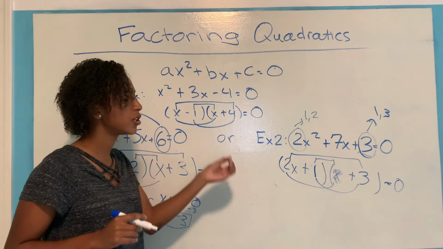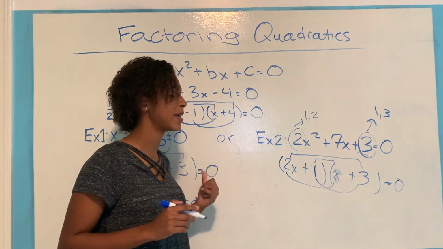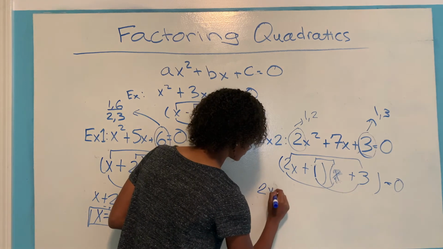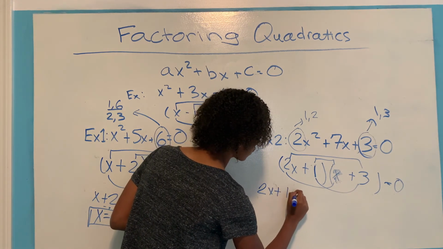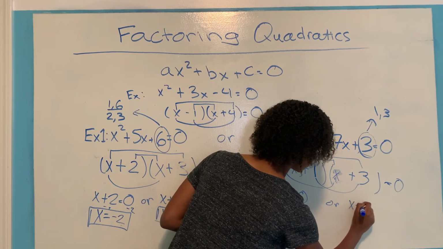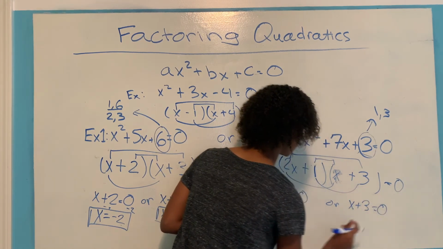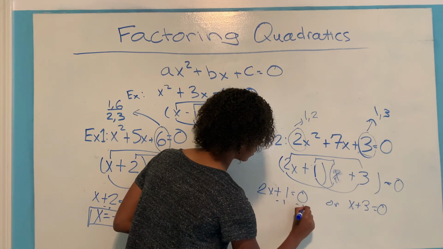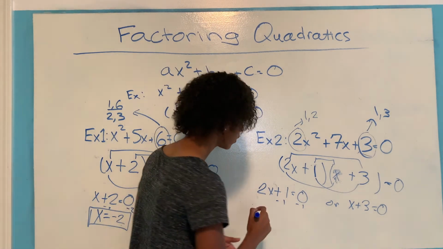And let's continue to solve for x like we have been in this other problem. So remember, you set one of the parentheses equal to 0, and then the other one equal to 0. All right, so then you subtract 1 from each side.